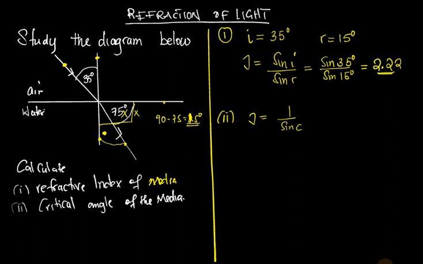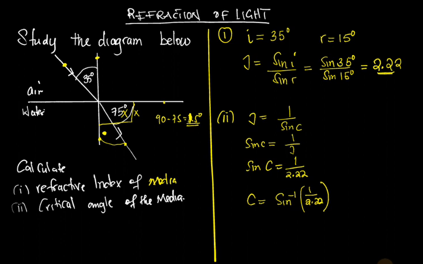So sine C is equal to 1 over the refractive index. So sine C is equal to 1 over 2.22. Now, to find C, we find the inverse sine of this fraction. Then we have found the angle.